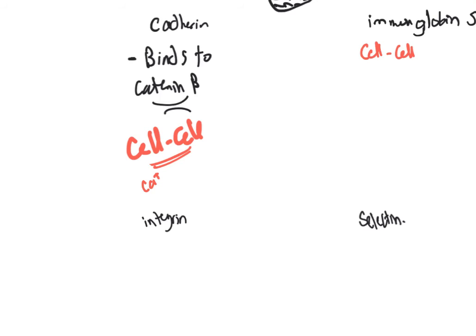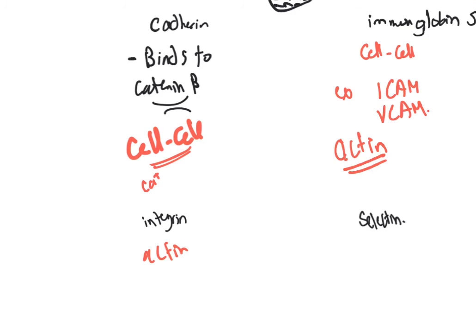Okay, examples of it are ICAM and VCAM, and the cytoskeletal partner is actin. Integrin is actin and intermediate filament. And for selectin, lastly, it's actin.